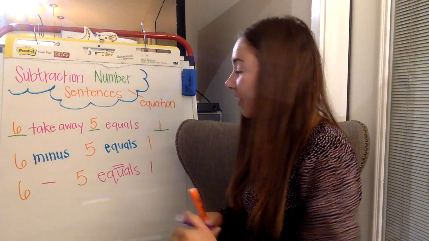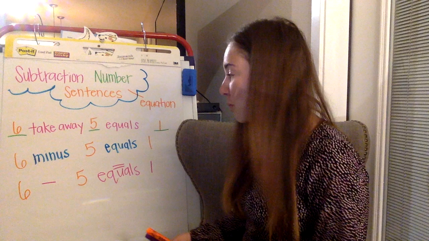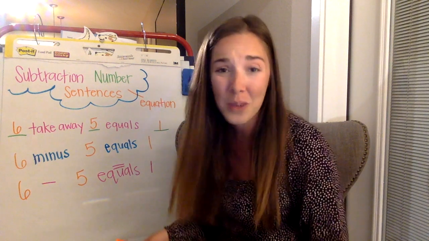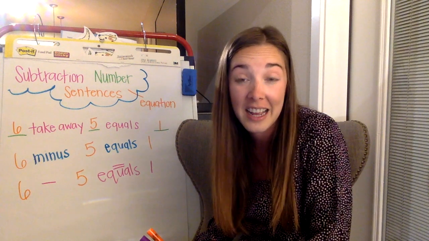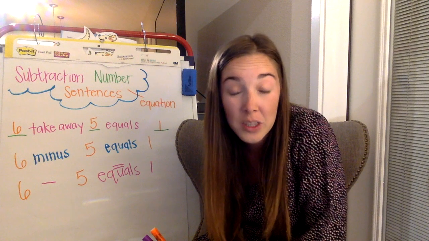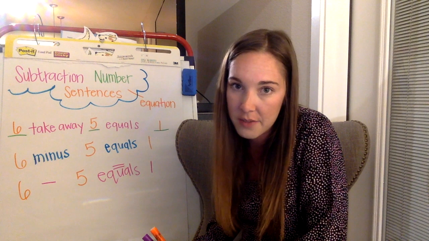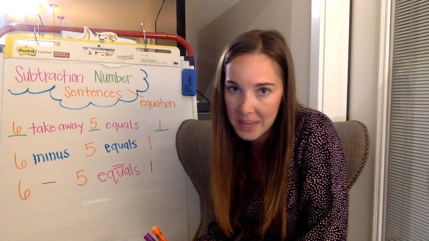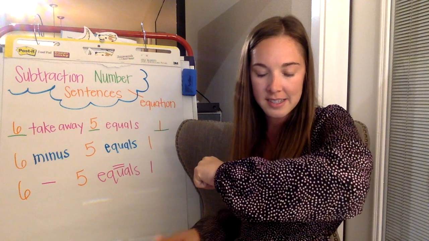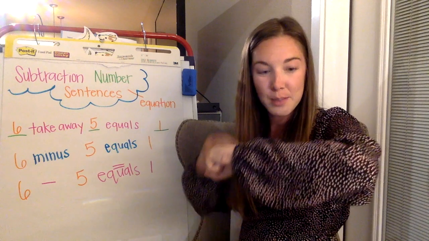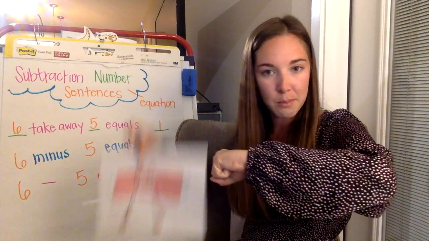Now, kindergartners, that minus word and take away can get really tricky, and they mean the same thing. I thought we could make a symbol with our body to remember these two words. Anytime in this video you hear Miss Graves say minus, will you freeze and give me this? And the reason you would freeze and do this is because this kind of looks like the minus symbol to me.